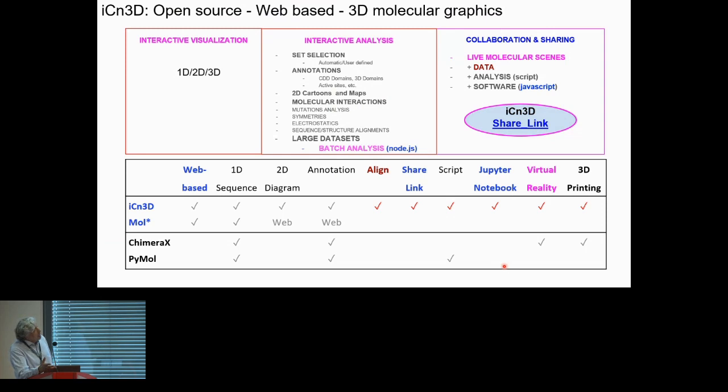And the third part, which is the one that I want to insist on, is a collaborative and sharing part, where you not only can share the live molecular scenes, but the data that allowed you to create these scenes, the analysis that led to these scenes, and the software that allowed these analyses, all in one link.